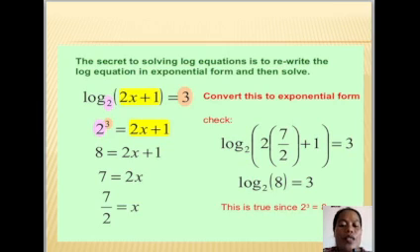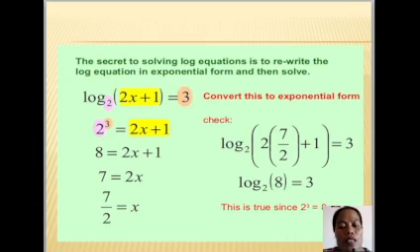Okay. The secret to solving logarithmic equations is to write the logarithmic equation in exponential form and then solve. So we have the logarithm of 2x plus 1 to the base 2 is equal to 3. Then convert this to exponential form so that we can get the value of x.